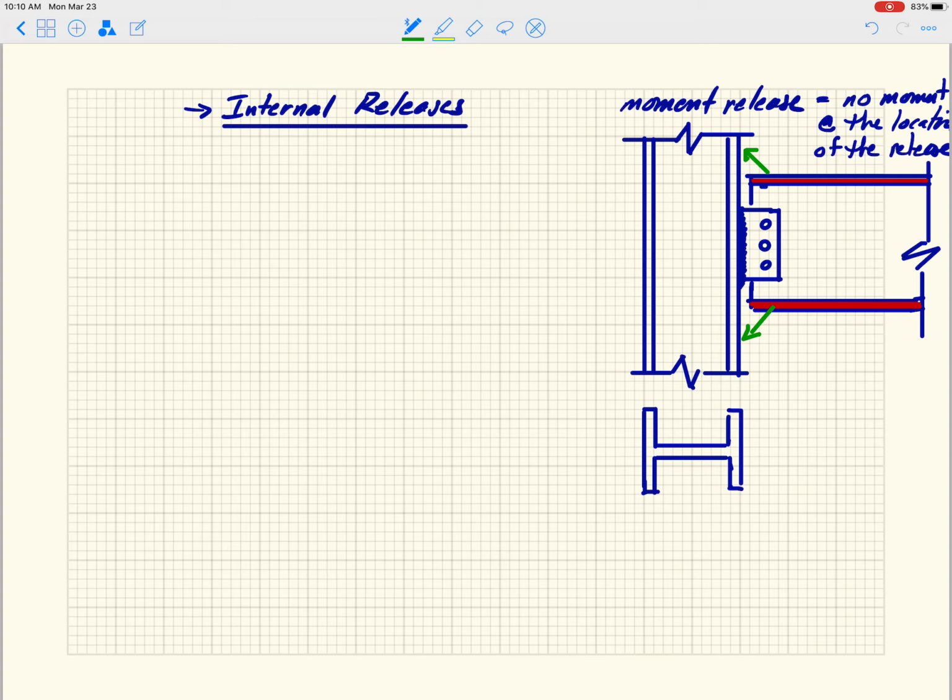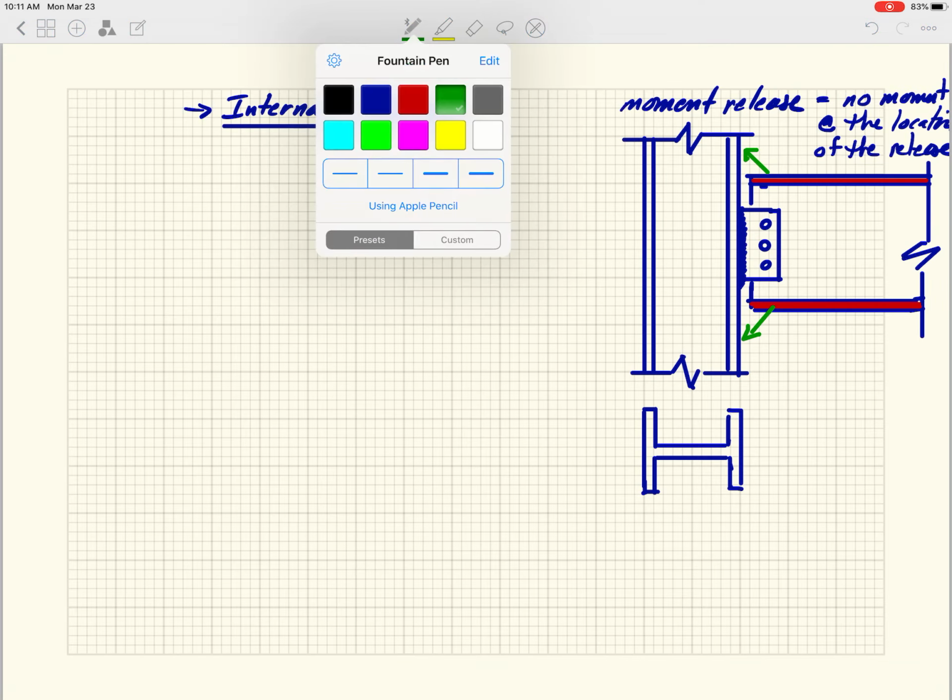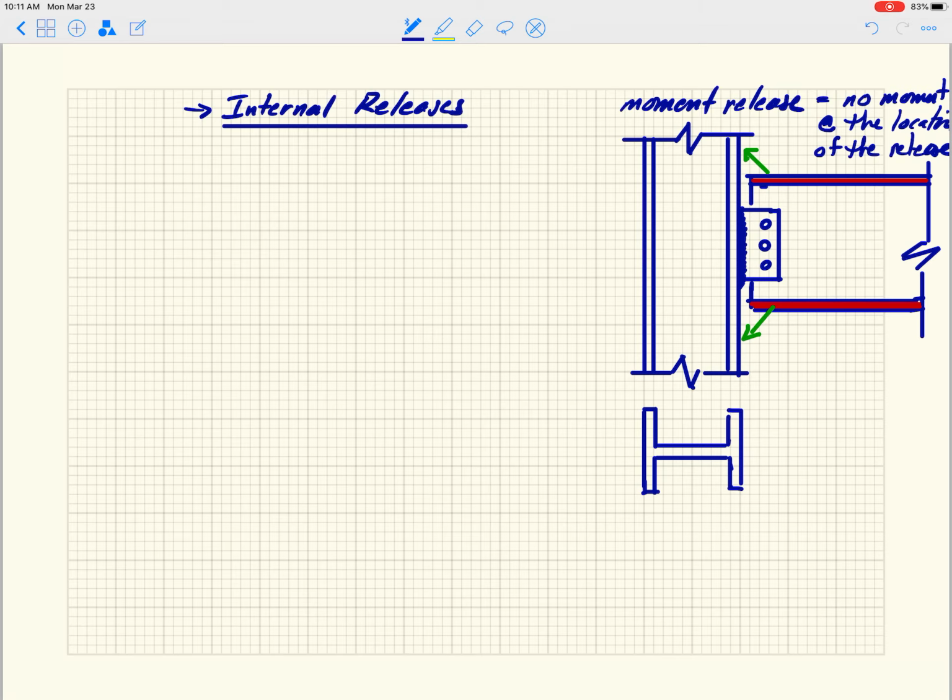So we end up building structures, I wouldn't say with a huge number of releases, but certainly steel structures are generally built with some releases. Whereas with reinforced concrete structures, the cost isn't that big of a deal. Most of the time with concrete structures, you tend to find more continuous connections. In either case, understanding how to deal with releases is really important.